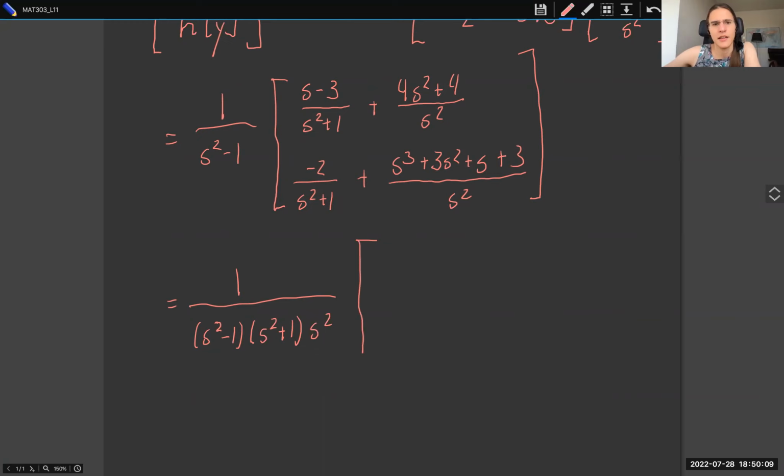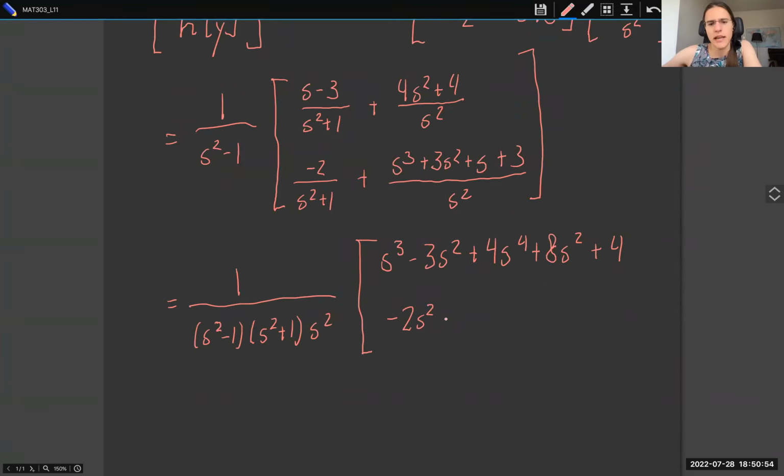Then here I get s cubed minus 3s squared, and then I need to multiply this by s squared plus 1. So I'm going to get plus 4s to the 4th. Then for the s squared term, I'm going to get 4 plus 4, so it's going to be 8. And then I'm going to get plus 4. Here, I'm going to get minus 2s squared.